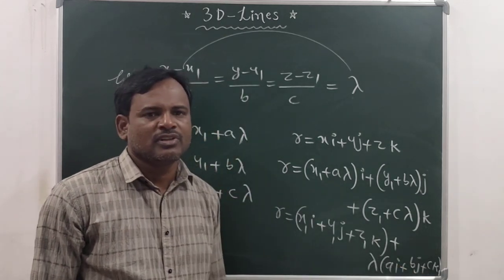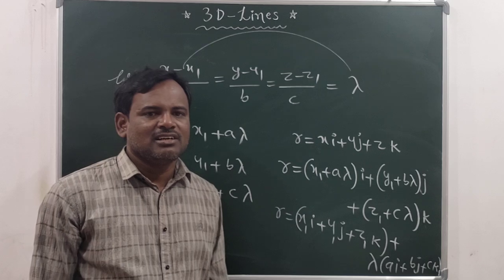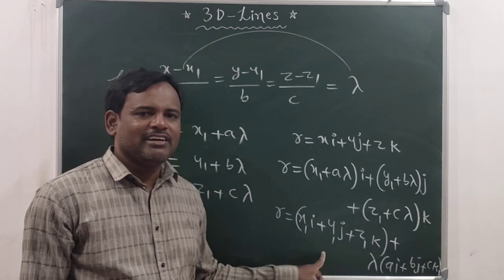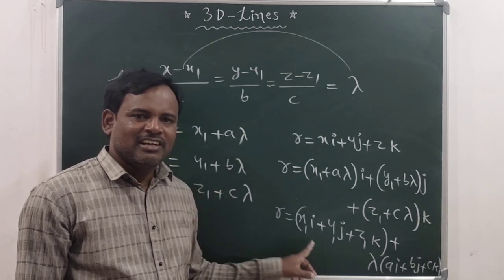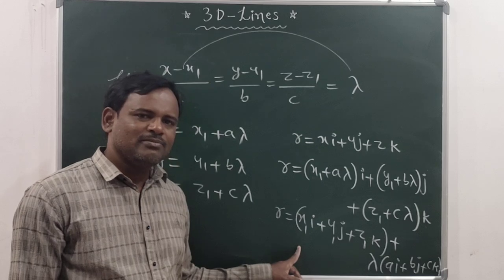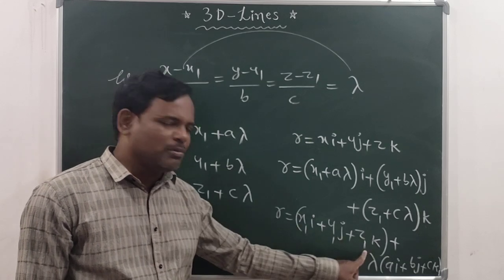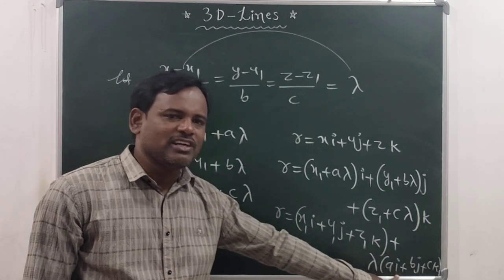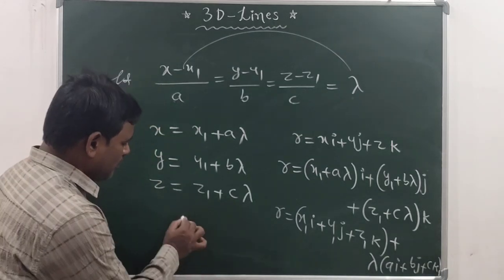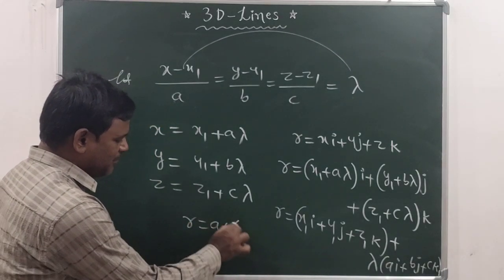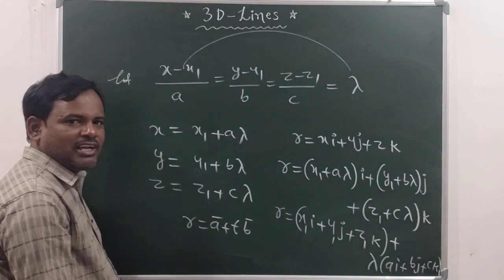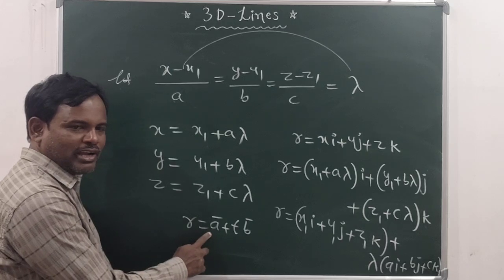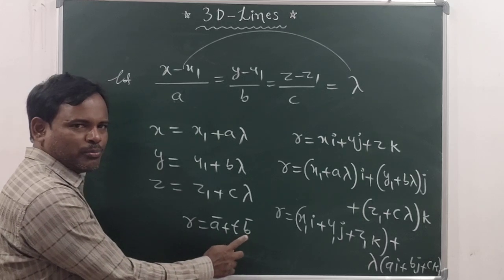In the vectors chapter, there we read this one as equation of a vector passing through this point and parallel to this vector. You read, r is equal to a plus t b bar, equation of a vector passing through a and parallel to b.